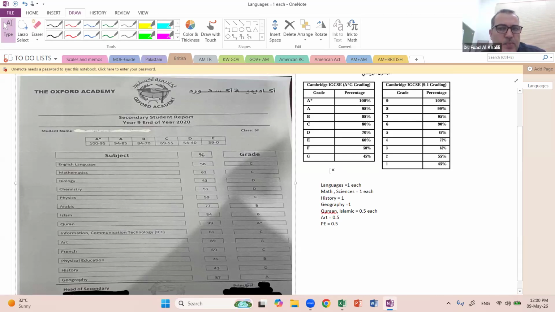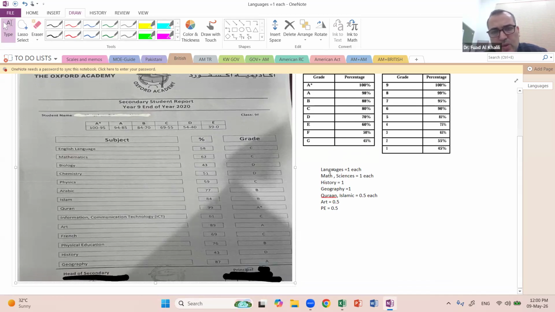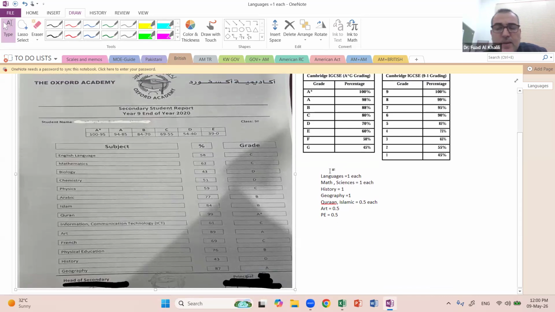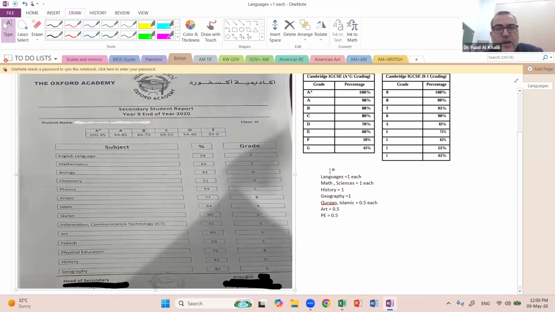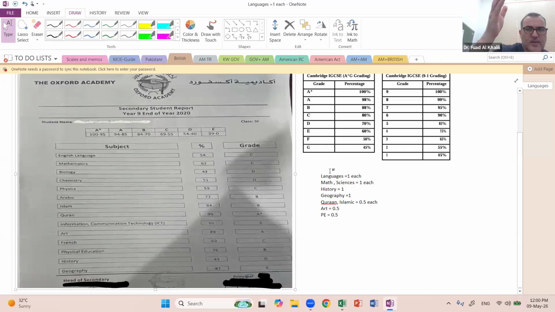Many British schools have a scale out of A, B, C, D. This is the one you need to look at to calculate the GPA from a British school. And there is another system which is out of 9, so you will see that the grades are 9, 8, 7, 6, 5, whatever.